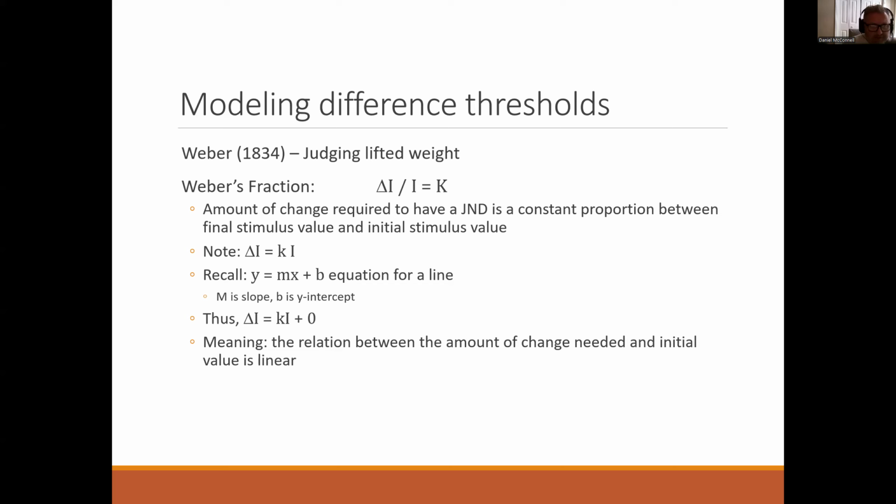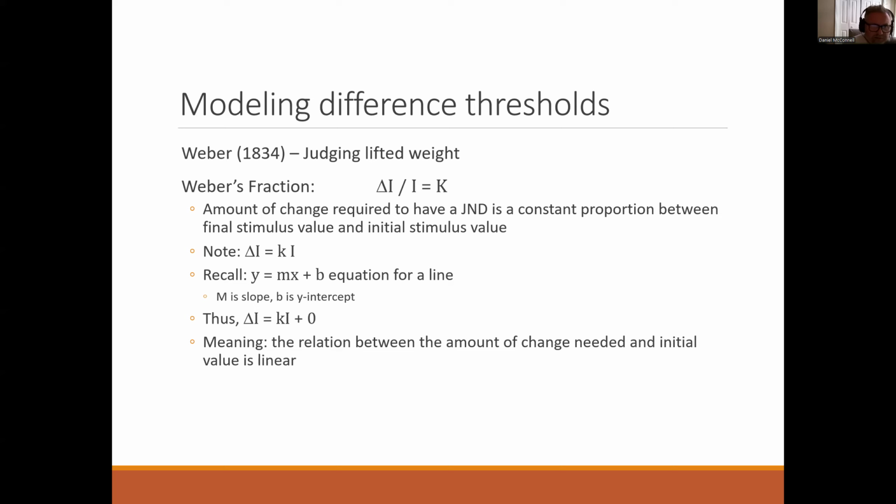So if I had 10 grams of weight in my hand, then I would add 1 gram of weight, that would be 10% of that, right? To create a just noticeable difference.